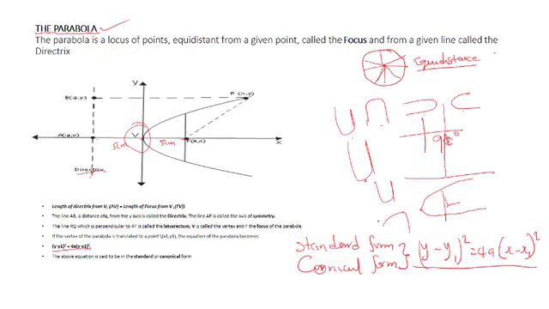And this equation can as well be written as y squared equals 4ax, that is if the values of x1 and y1 equal 0. So we stated earlier, the equation of a parabola is (y minus y1) all squared equals 4a(x minus x1).